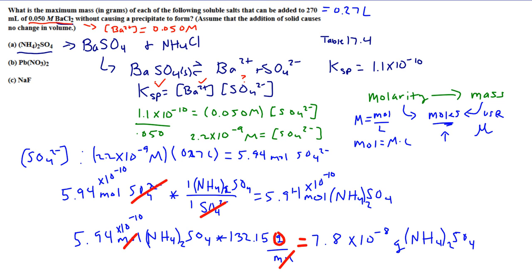There we go. Final answer: 7.8 times 10 to the negative 8 grams of ammonium sulfate.